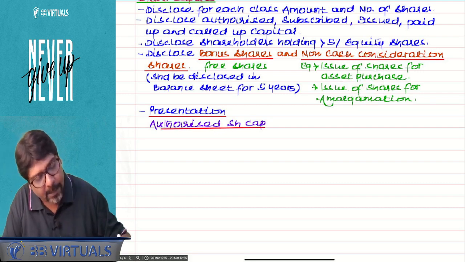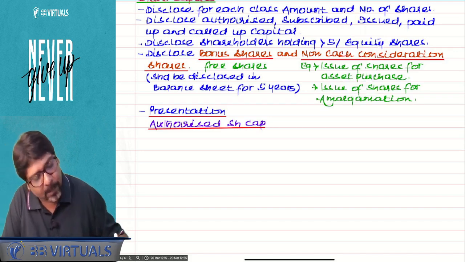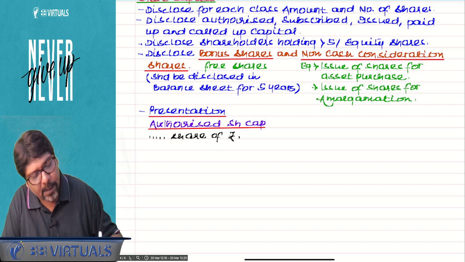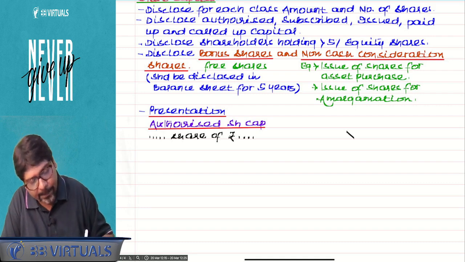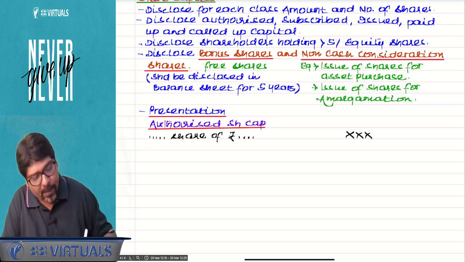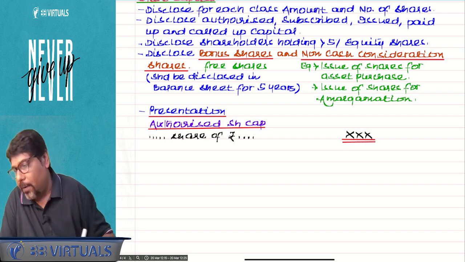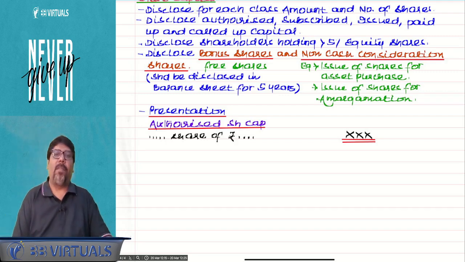Authorized share capital, shares of rupees each. Authorized capital does not form a part of the balance sheet. Authorized share capital does not form a part of the balance sheet.